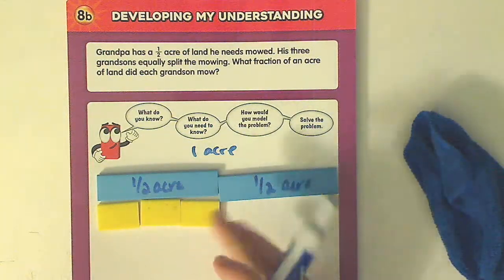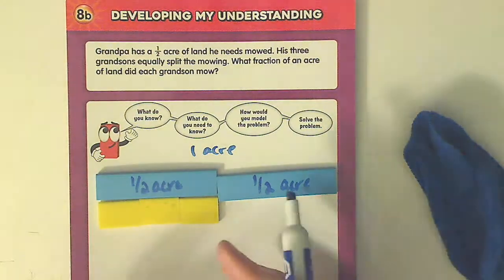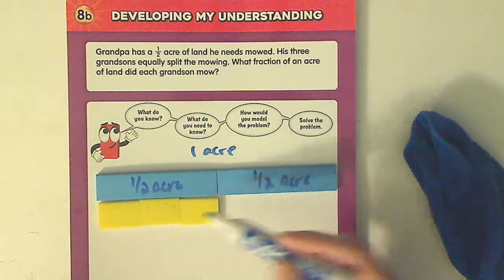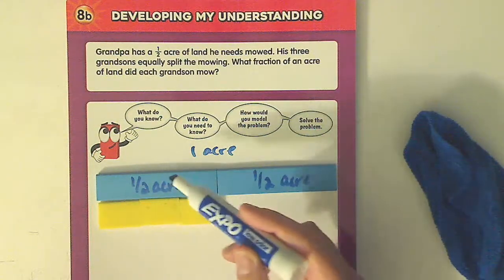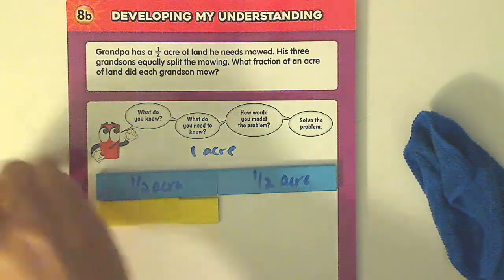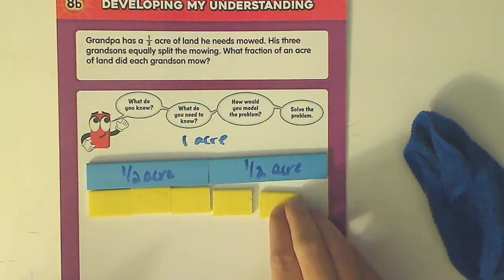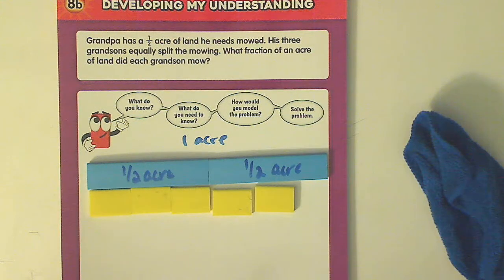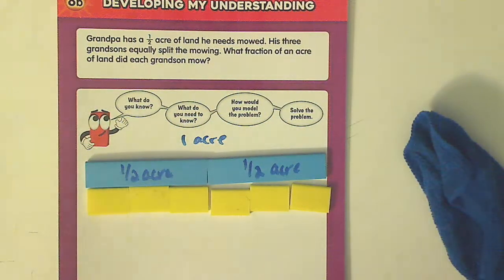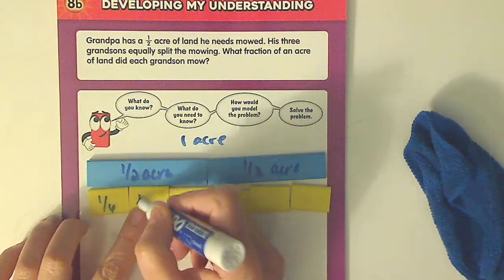then we can see what is tempting is that the students would say, oh, then each kid does a third of the acre. But that's not true, because when we look here, this is of half an acre, so it's not going to be each of these is a third. If we fill these in still, each grandson isn't doing a third of an acre, they're doing a sixth of the acre.